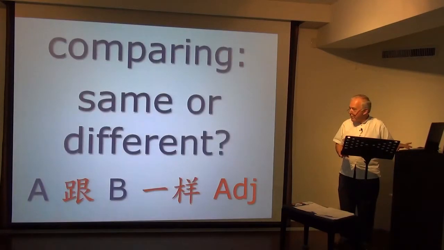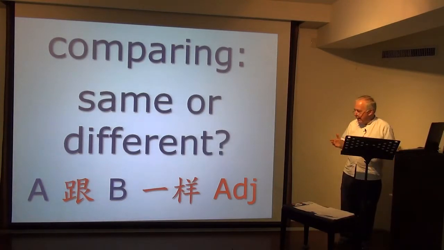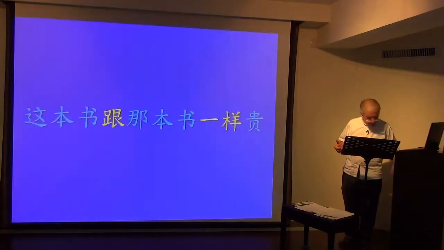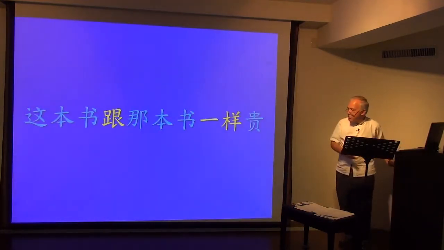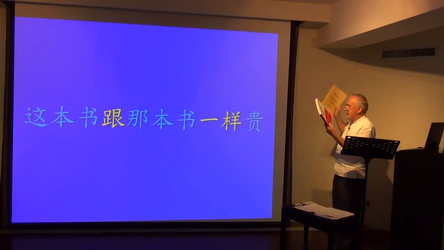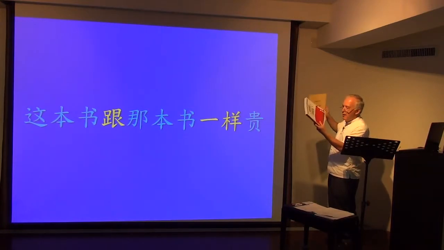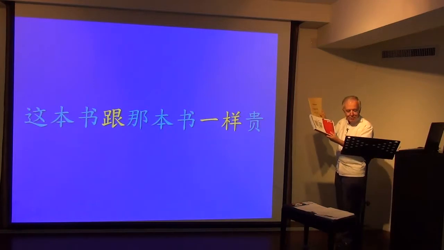Now another way of comparing is whether they're the same or different. A 跟 B 一样 adjective. Let's look at this sentence. 这本书跟那本书一样贵. Well, it should be a question because obviously it wouldn't be the same. 这本书跟这本书一样贵吗?